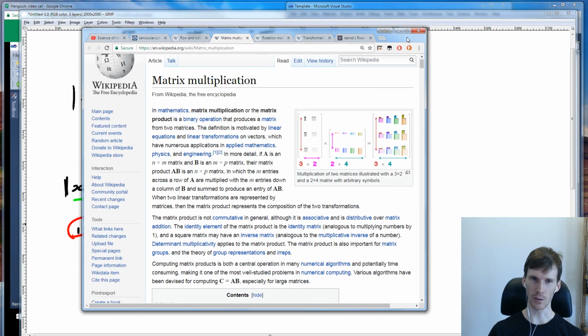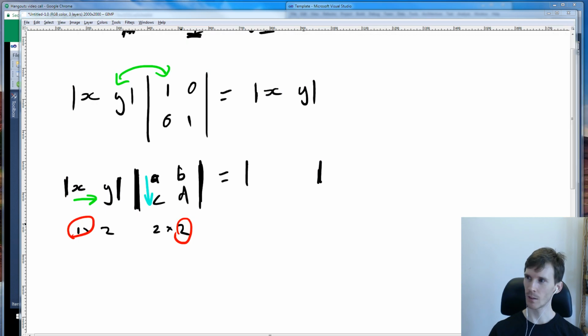If you look at the Wikipedia article on matrix multiplication, it just says that. Okay. It's just, do these rules. So we know that this is also 1 by 2, and so let's try and get rid of that because we're going to need more space.